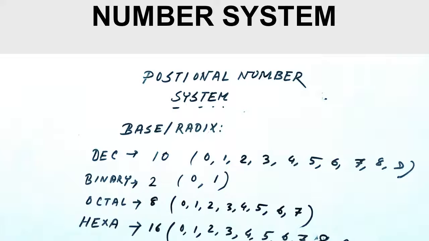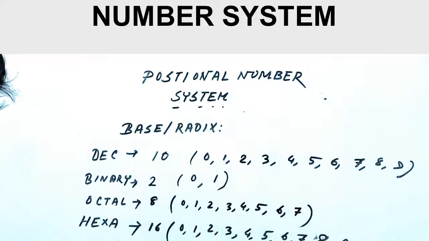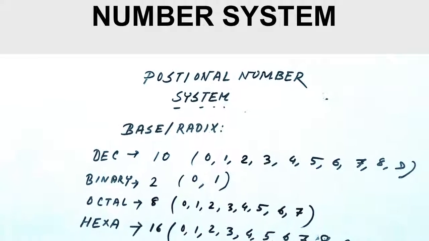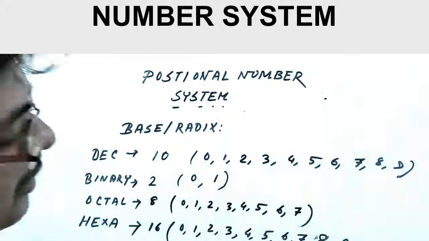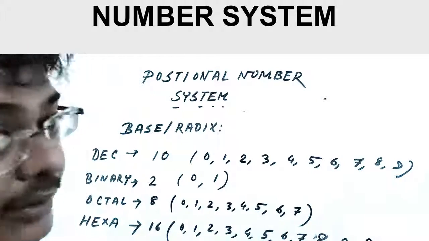After that, it will not be 10. It will be A, B, C, D, E, F. Total 16 numbers. So that's why the base or the radix is 16. This will be A.